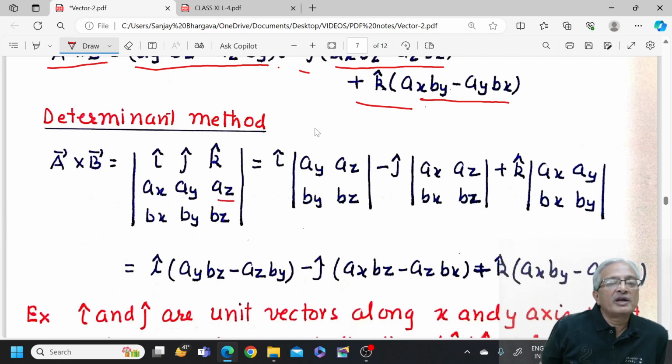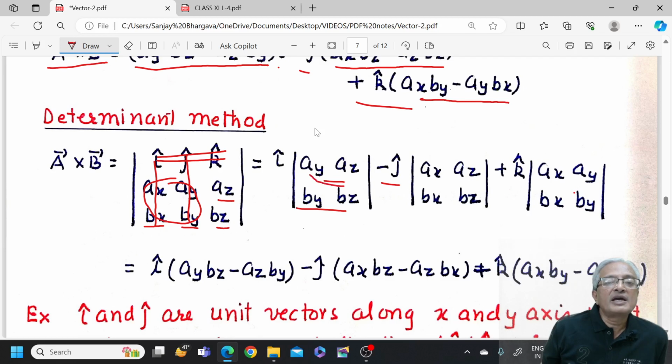Then in the case of B vector, i cap has coefficient Bx, j cap has By, and k cap has Bz. It could be written as i cap. When you take i cap, you leave this column and this row. So what are the remaining things? Ay, Az, By, Bz. Minus j: then you have to leave this row and this column, so the remaining part is Ax, Az, Bx, Bz. And in case of k, I can utilize these four quantities as here.